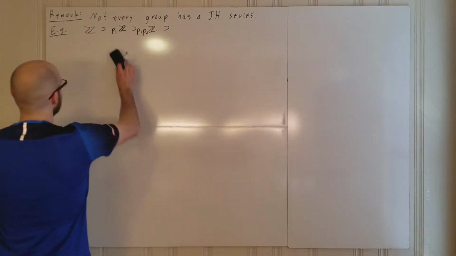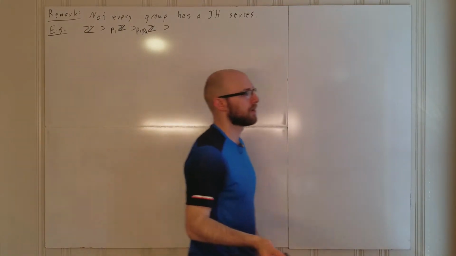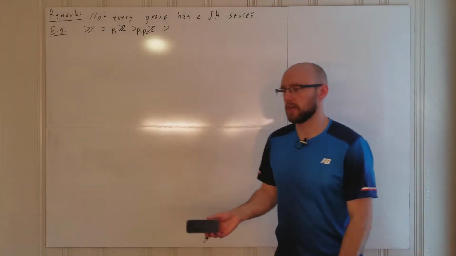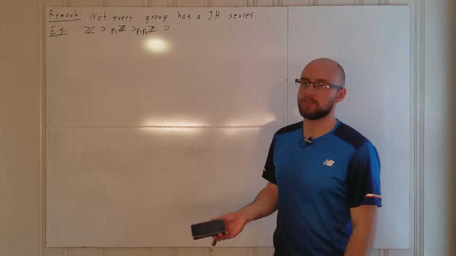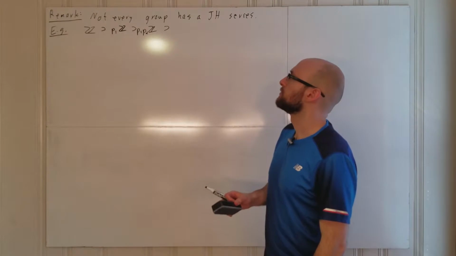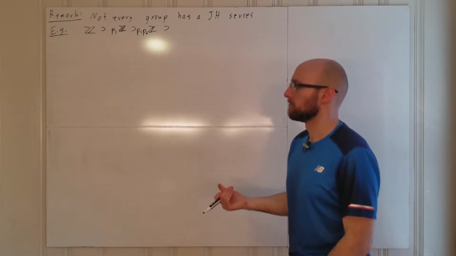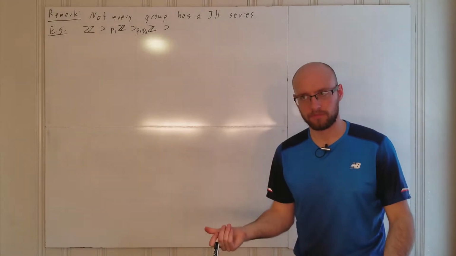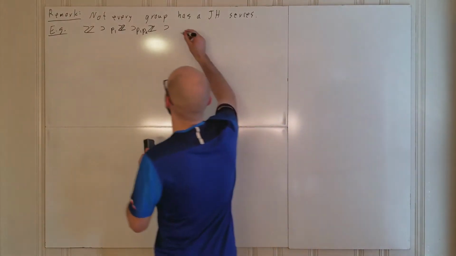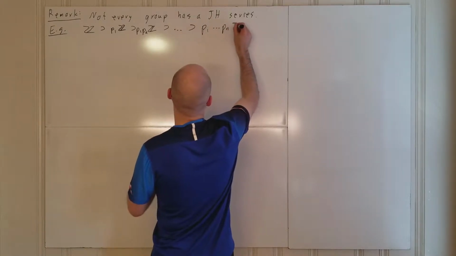And remember that these choices are sort of forced on us because all subgroups of Z are of the form nZ for some integer n, and we're forced to choose prime numbers here in order to force these quotients to be simple. So we just keep going, and then we're going to get p1 through pnZ.